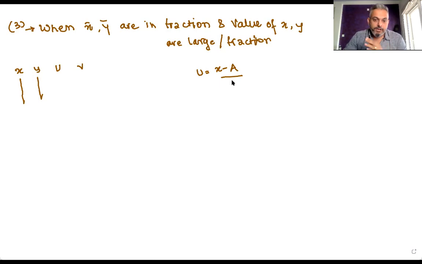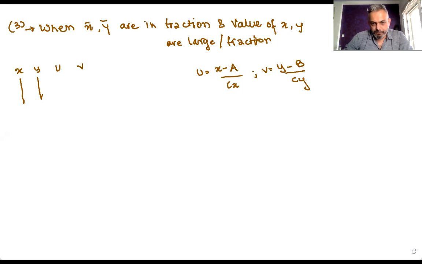So, for example, if you are getting 29.5, then you take 30 as assumed mean, but then you don't take 40 or 20 as assumed mean. If you take it, the answer will be correct, but the calculation may become complex. So generally we take a number which is nearer to the mean, for ease of doing the sum. Upon c of x, and v is equal to y minus b upon c of y.